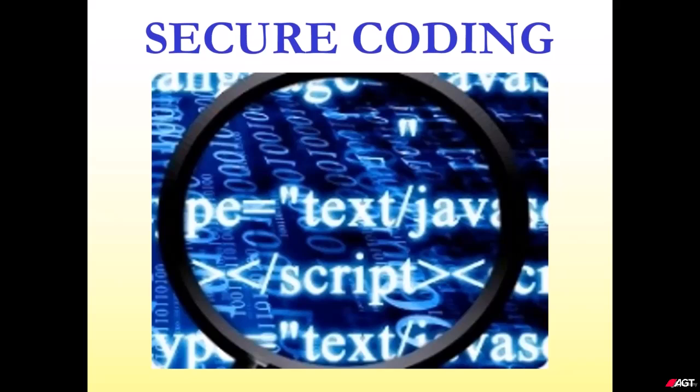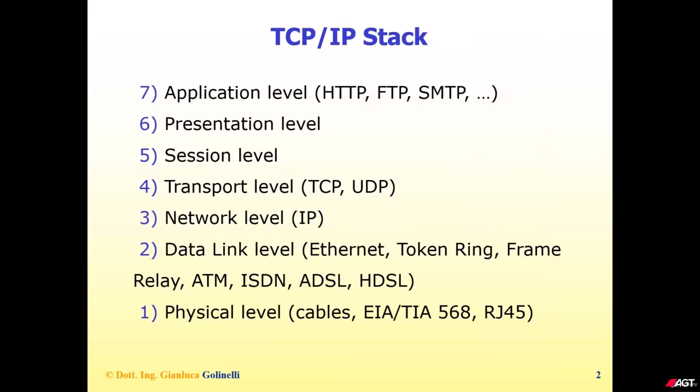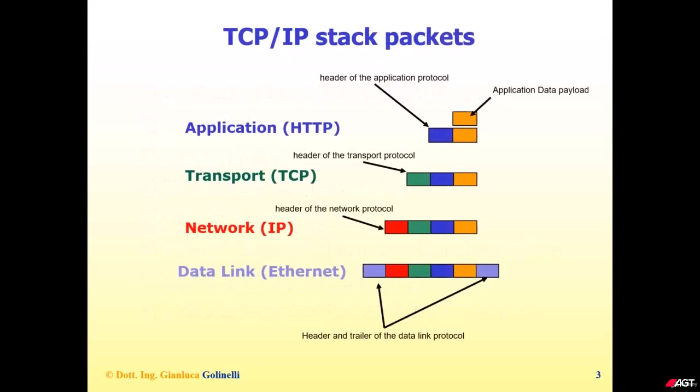In this lesson, I will make a brief introduction to the TCP and HTTP protocols. We see here the 7-level architecture of the TCP/IP stack, with indication for the various levels of some important protocols.